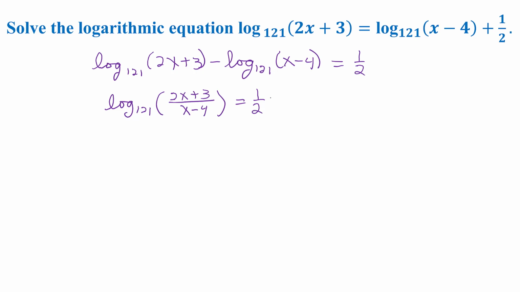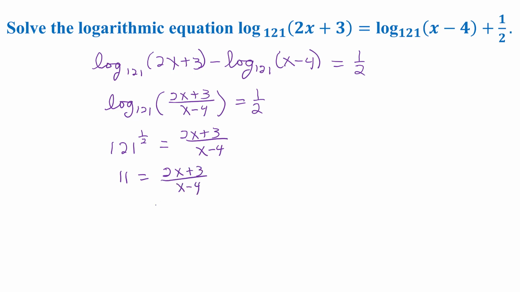This is equal to 1/2. And again, we can change forms here. If I change into the exponential form, I will have the base of 121 raised to the power of 1/2, and this is equal to 2x plus 3 over x minus 4. The square root of 121 is 11, so I have 11 equals 2x plus 3 over x minus 4.